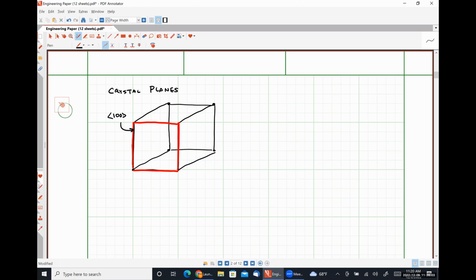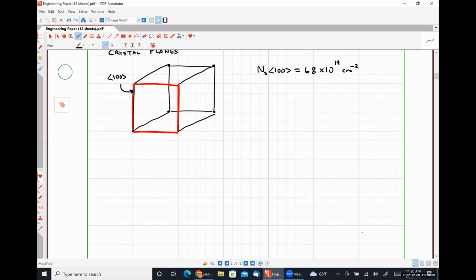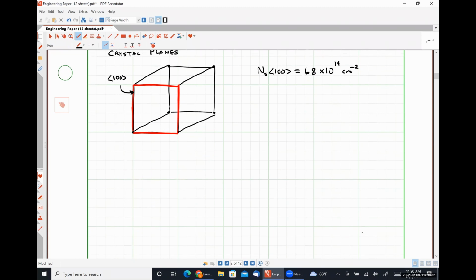In silicon in particular, this plane has an areal density of about 6.8 times 10 to the 14 silicon atoms per square centimeter, okay? That number can be determined mathematically if we look at the plane.